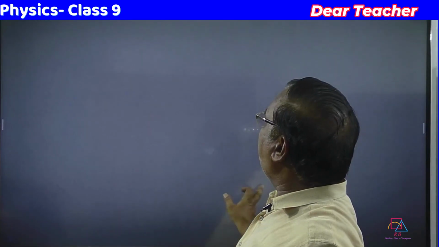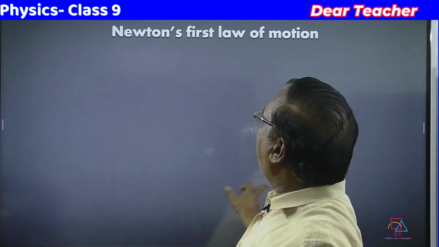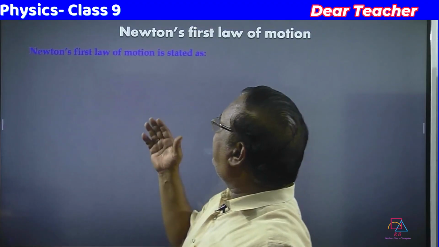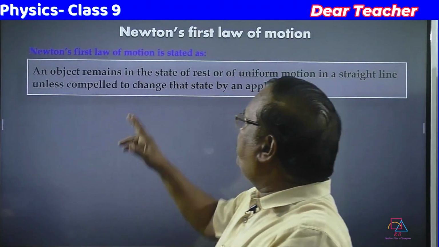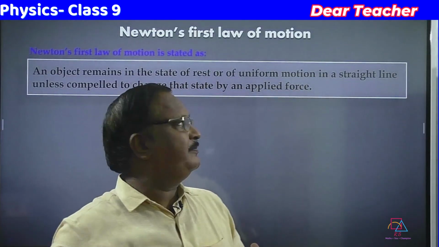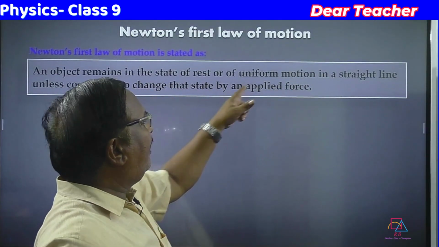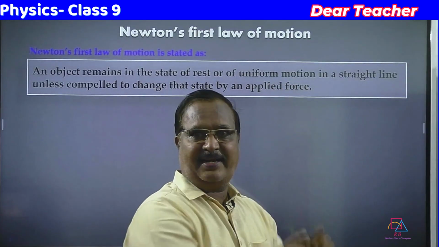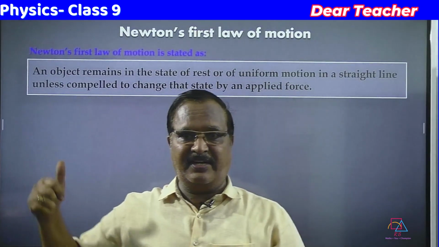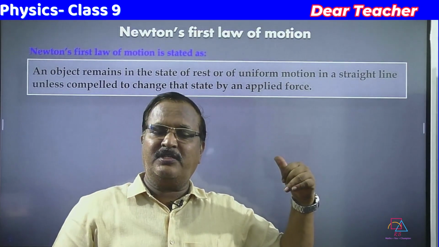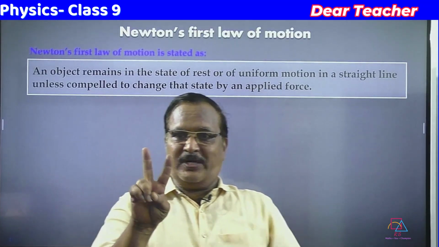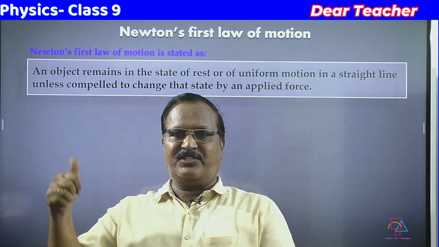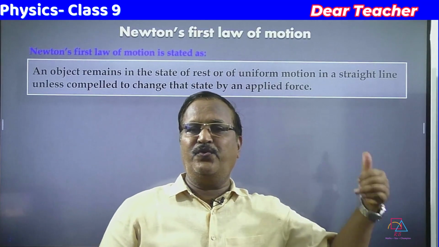Okay, so let us see Newton's first law of motion stated. This is the definition. An object remains in the state of rest or of uniform motion in a straight line. Condition: state of rest, uniform motion in a straight line. These are the only two states. One is state of rest, one is state of uniform motion.